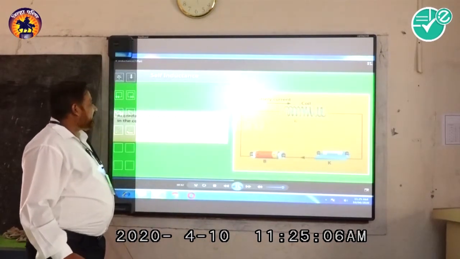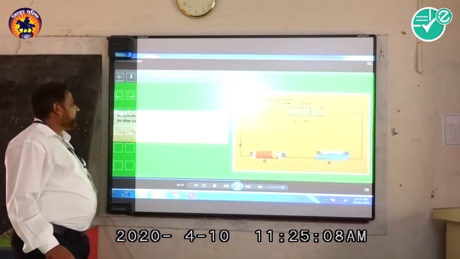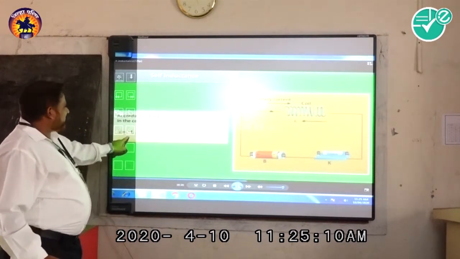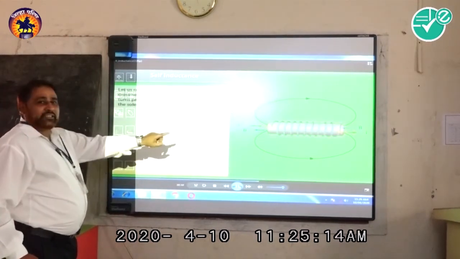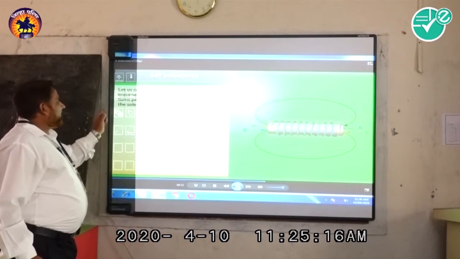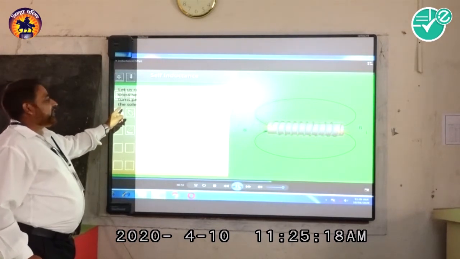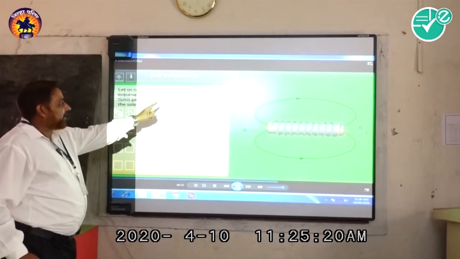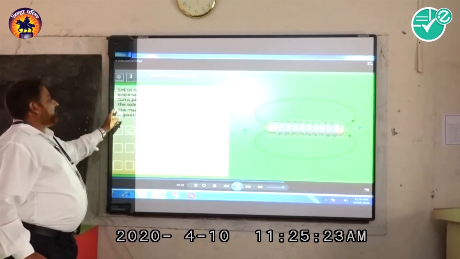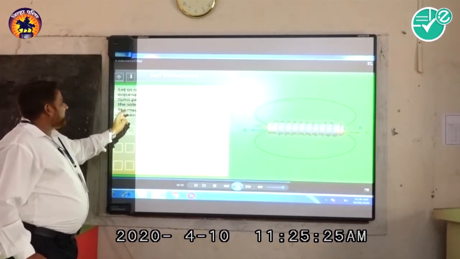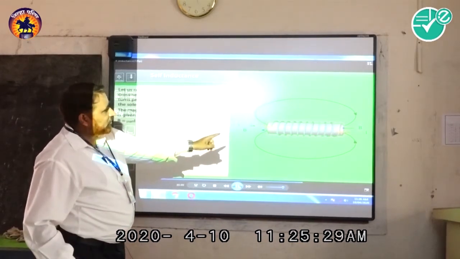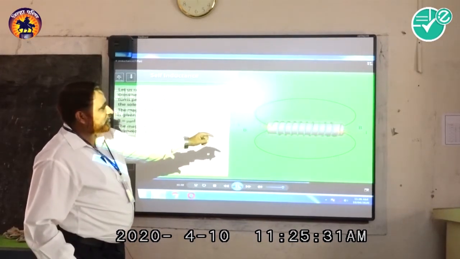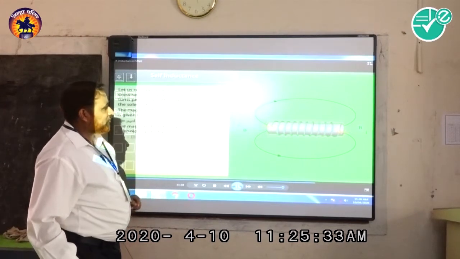So, according to Faraday's law, the induced EMF in the coil is given by E is equal to L into dI by dt. Let us consider another case, that of a solenoid. Here, a long solenoid is there of area of cross section A and length l, having N number of turns. The current passing through the solenoid produces an induced EMF in the same coil.